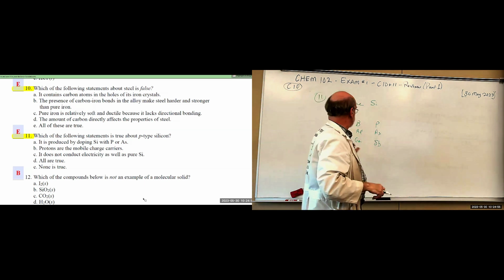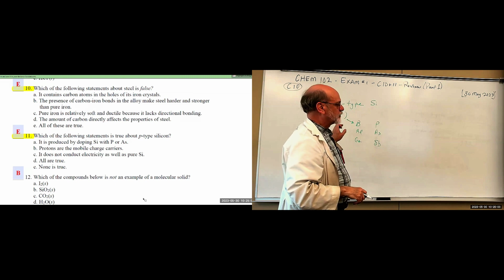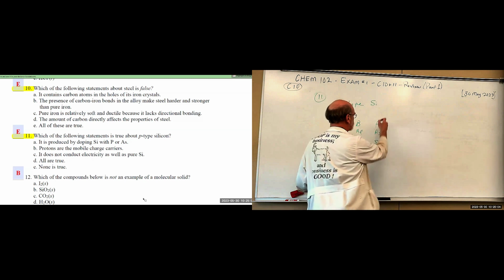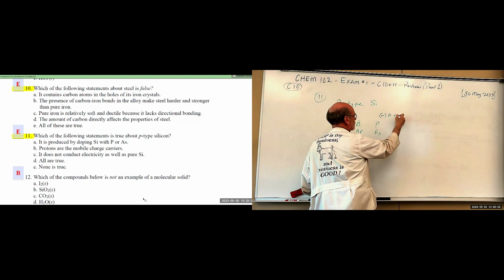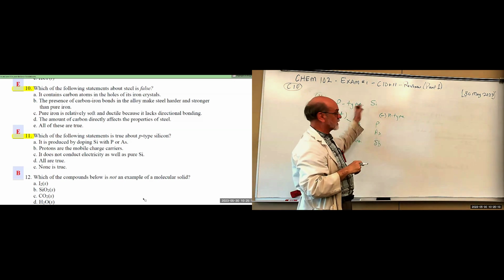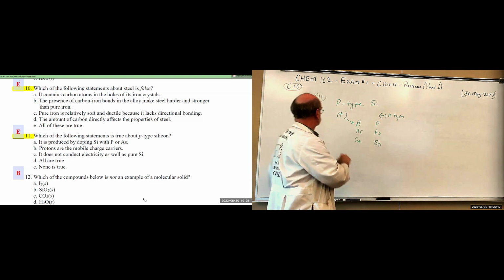All right, so let's look at our questions. Which of the following statements is true? A: It is produced by doping silicon with phosphorus and arsenic. This would be an n-type because they have one extra valence electron than silicon does. Right? So A is false.